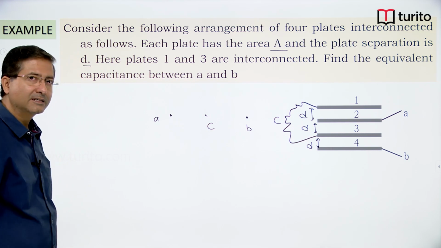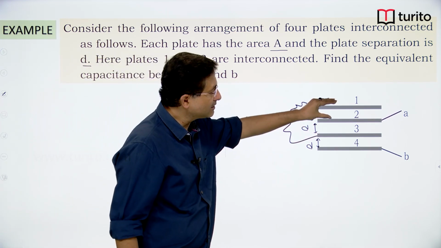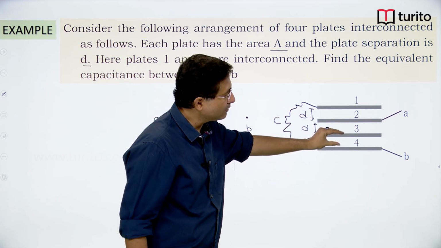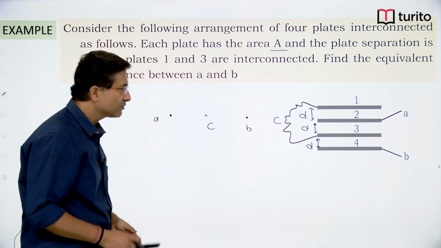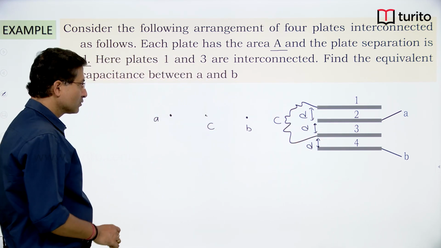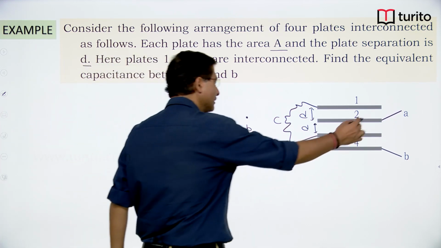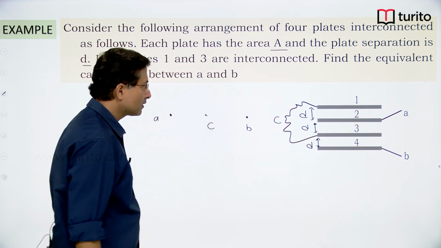If area is the same and gap is the same, they all will have the same capacitance. I can see one capacitor here, one over here and one over here. So there are 3 capacitors, right. So I need to connect them here, as you can see, between A and C, right.